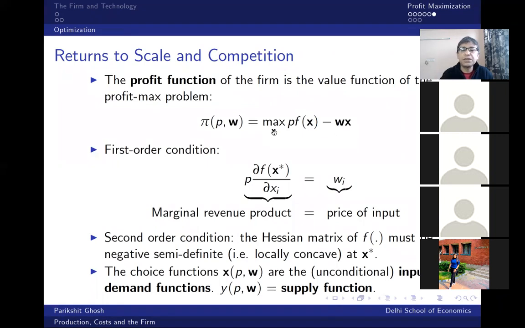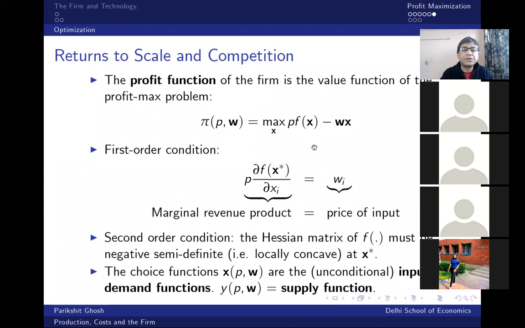Once you choose the input vector, the output is determined by the production function. So instead of writing y, we'll replace it by f(x), the production function. So now the problem is an unconstrained maximization problem where the choice is the various inputs. Once we solve that problem, that gives us the profit function. So profit is a function of all the parameters that the firm faces, namely the price of output and the various input prices.